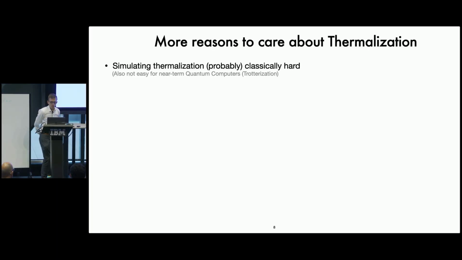Okay, 3 more minutes. At the beginning, I tried to argue that there are cool connections from a computer science perspective, and that I really can't prove that simulating thermalization is classically hard, but that I also don't really know what hard means. Why do I not know what hard means? Because it depends on what hat you put on.